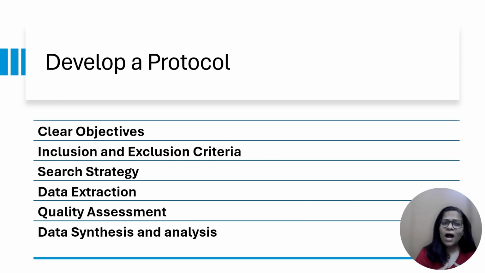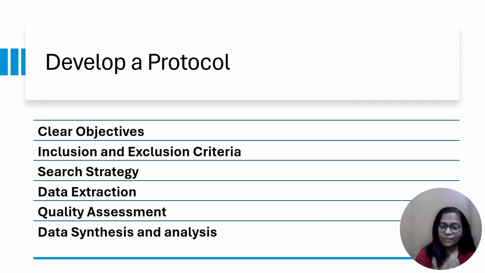Now describe how you plan to analyze and synthesize the extracted data from the included studies. Say if you're including qualitative studies, you might use thematic analysis for that. For a quantitative study, you would want to perform a meta-analysis where you'll combine the study results and calculate the overall effects.